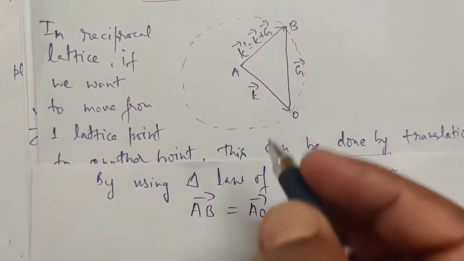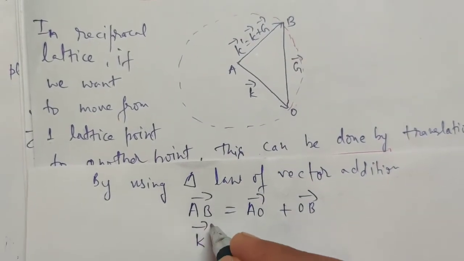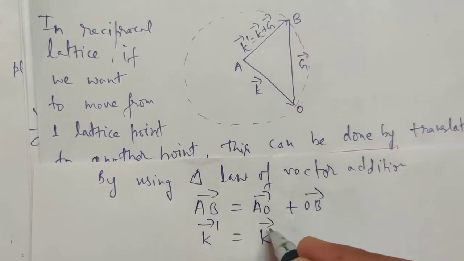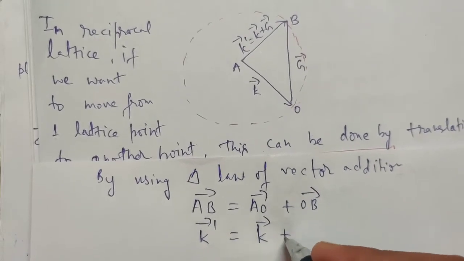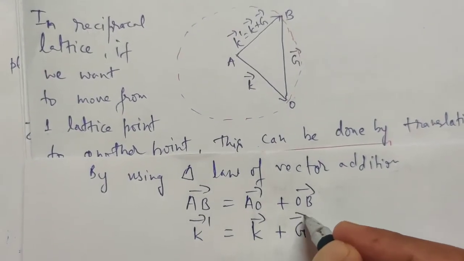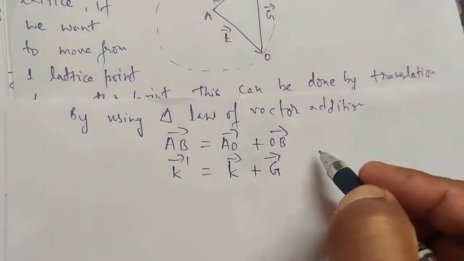This is represented by K dash vector, which is equal to the K vector plus the translation vector of the reciprocal lattice. This is equation number 1.